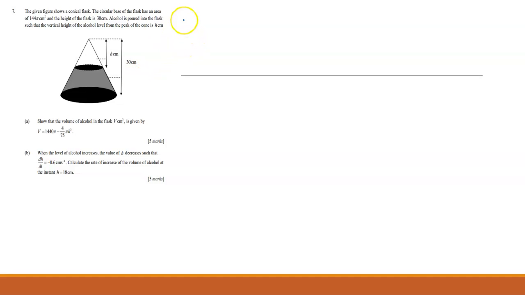Okay, and the last question here. Class, a conical flask is given here. The volume of this cone is 1 over 3 pi r squared h. This is the formula of a cone.